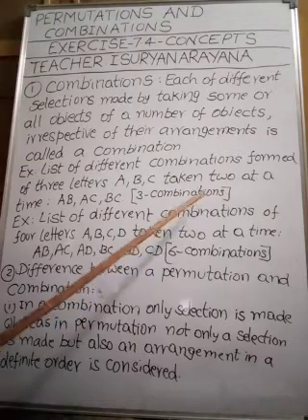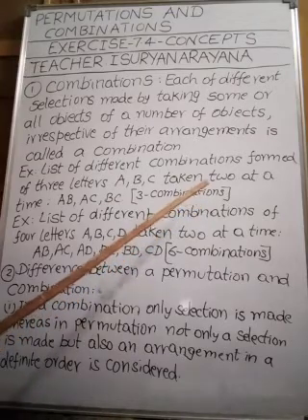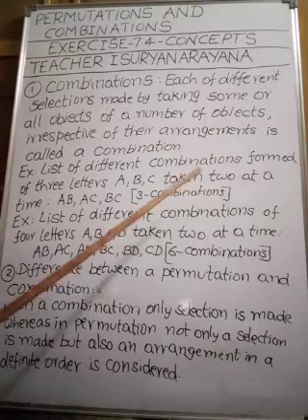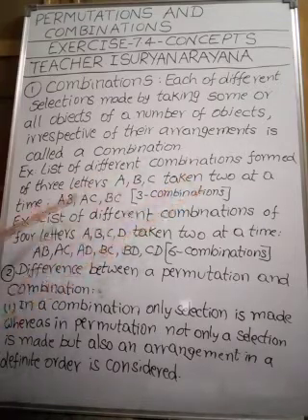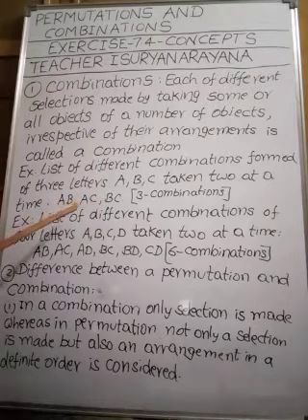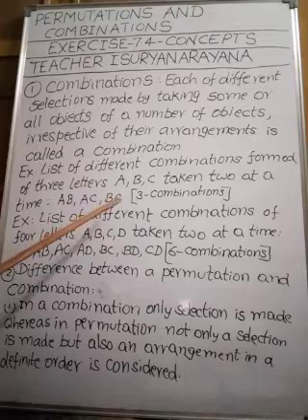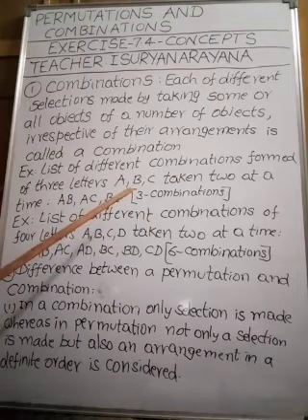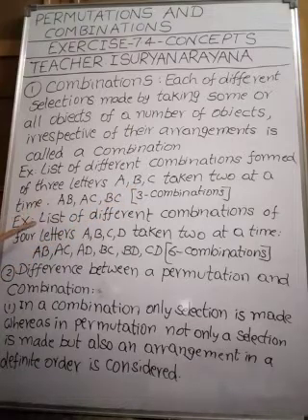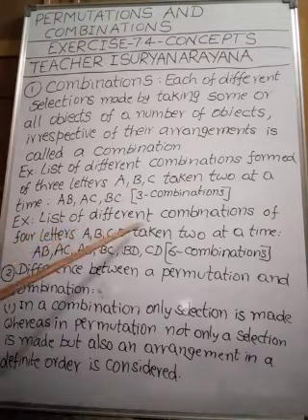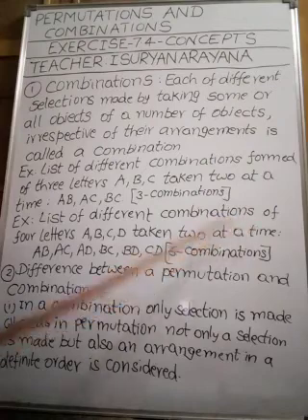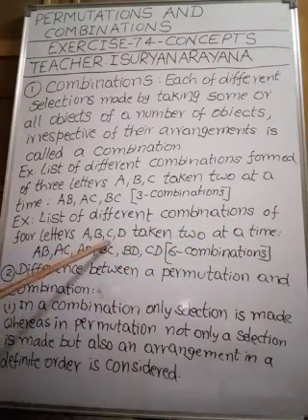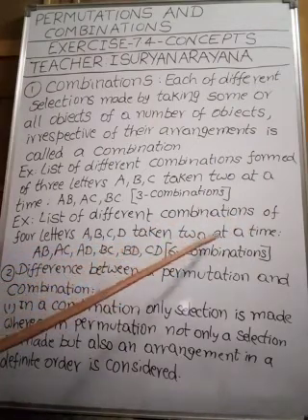In the permutations we got six. Yes or no? That is arrangements. But here only combinations. In the case of permutations, we also wrote BA, CA and CB. Understood this point, the difference between permutations and combinations? Let us take another example. List the different combinations of four letters A, B, C, D taken two at a time.